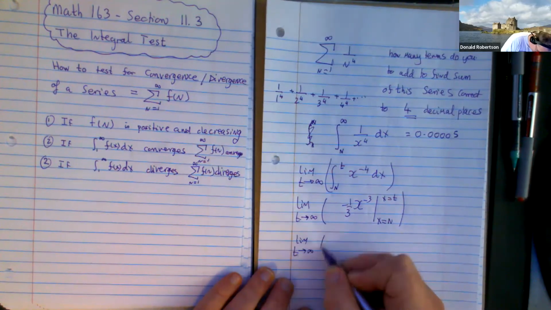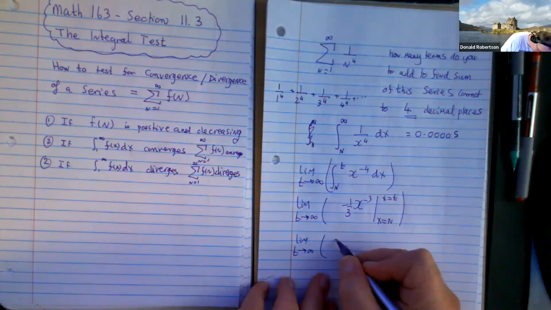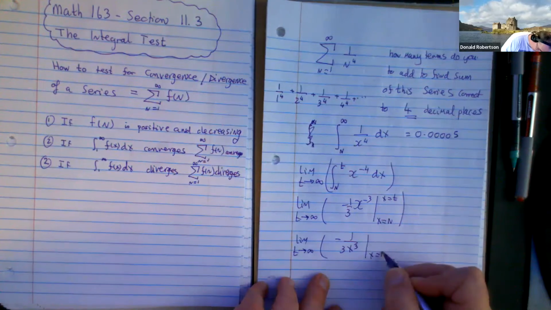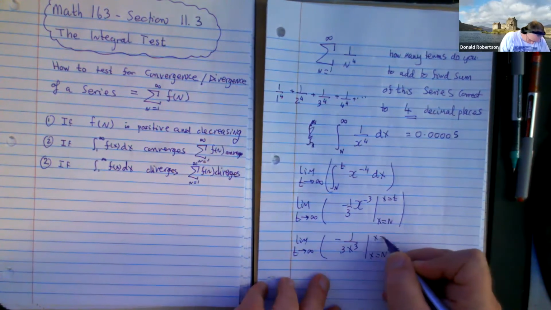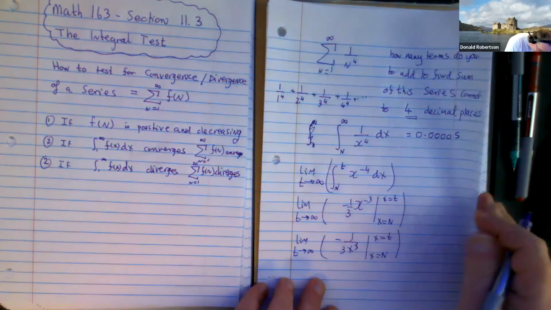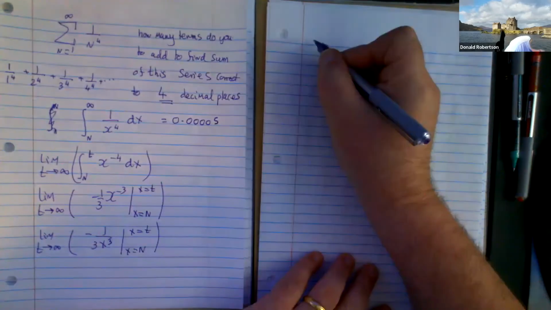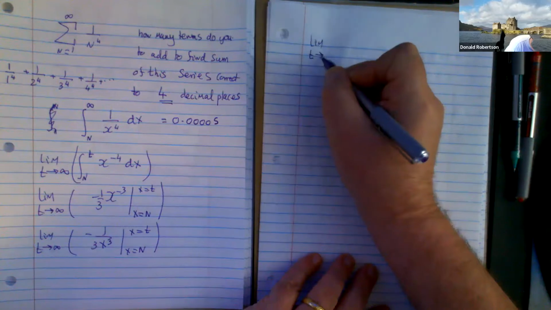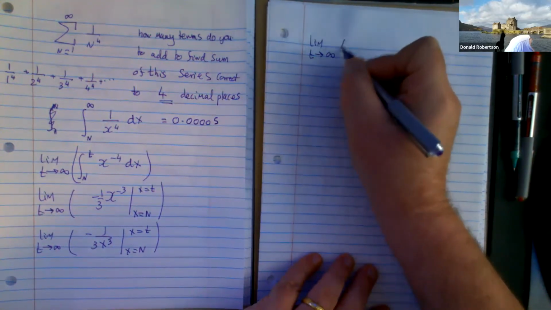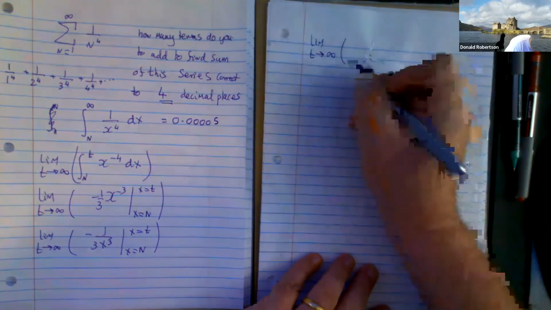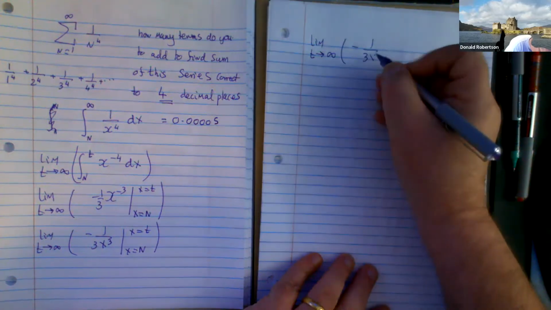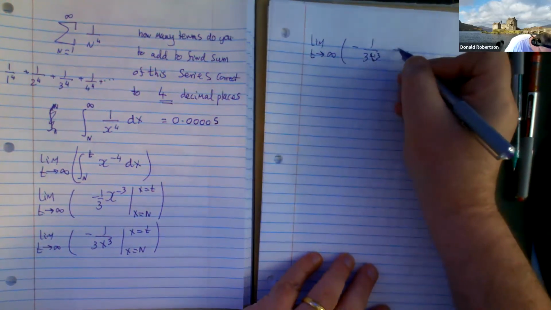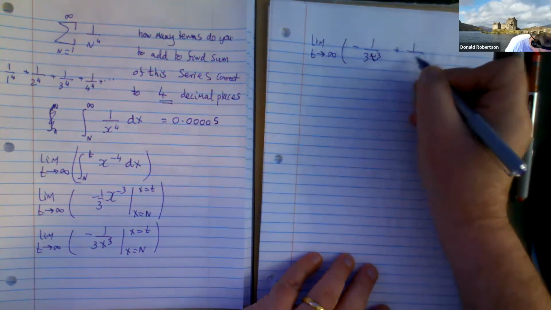And that's going to be 1 over 3x cubed evaluated at x equals n to x equals t. And that in turn is going to be the limit as t tends to infinity of -1 over 3t cubed, take away a takeaway, so plus a 1 over 3n cubed.